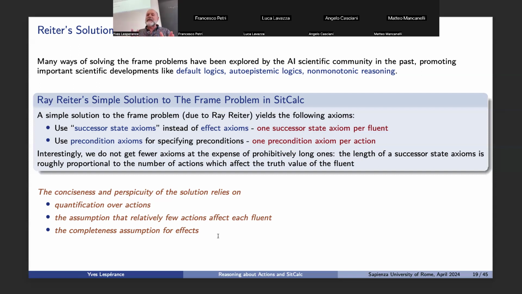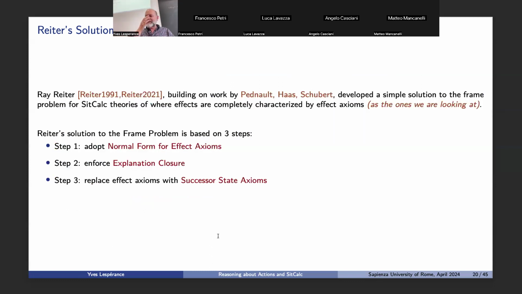We'll see that this could be a problem if you want to add actions over time, or add some new fluents that represent new properties that didn't interest you before, but now they do. So you need to say that certain actions affect these properties. Okay, so let's see how that solution works. Hopefully we can get this covered before the end of this class.